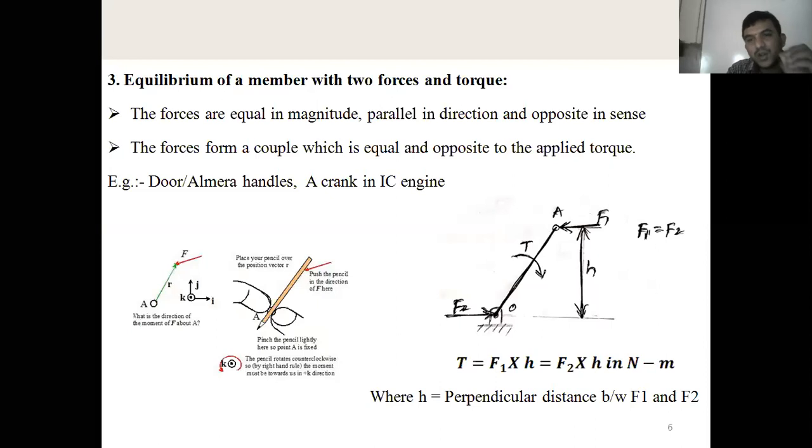If you understand these three basic equilibrium conditions thoroughly, then you can easily solve problems for the four-bar mechanism and the slider crank mechanism, and how to make them equilibrium. We'll study all those things. Yes, any other doubts?